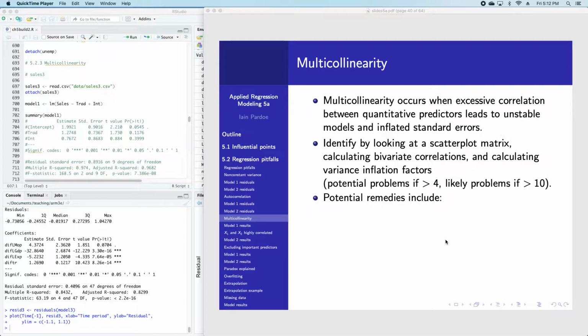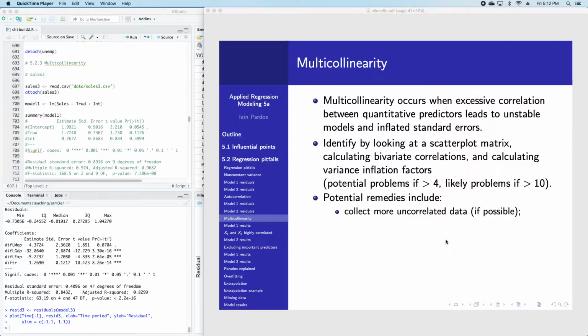So if we have got a potential multicollinearity problem, then what can we do? It may be possible that we could go back and collect more data, and try and collect data such that we don't have these multicollinearity problems.